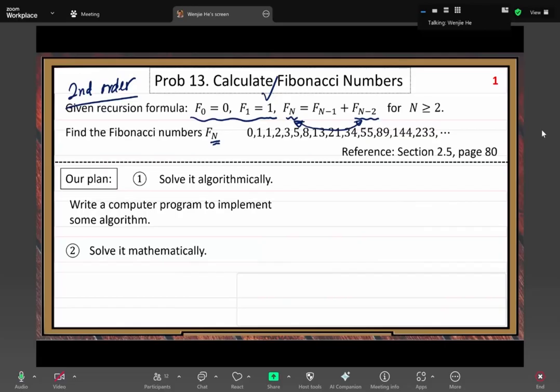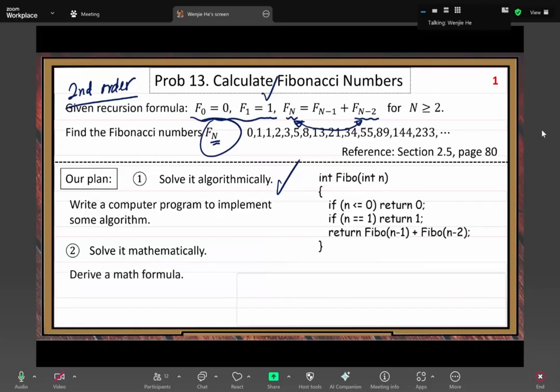Can we derive a formula to represent this capital F function? If we can find a formula, we just plug in the input number and directly calculate the value of the function. That's different from the first way, using computer algorithms. Two different ways.